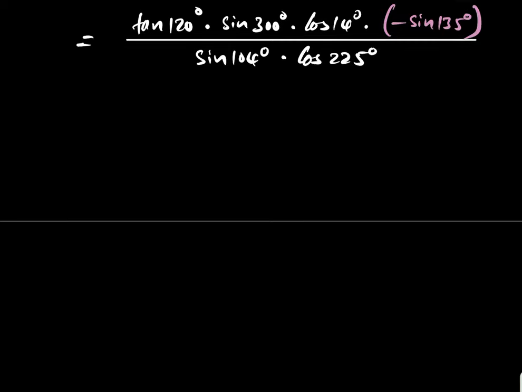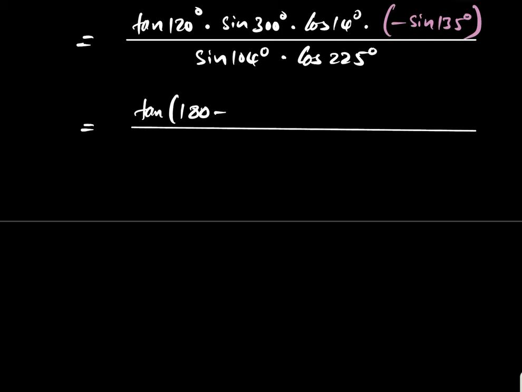Now that you have got all your angles between 0 and 360 degrees, we can apply reduction. And we're going to say to ourselves, this is equal to the tangent of 180 degrees minus 60 degrees, just like that. You multiply this by sine of 360 degrees minus 60 degrees, then multiply by this one.